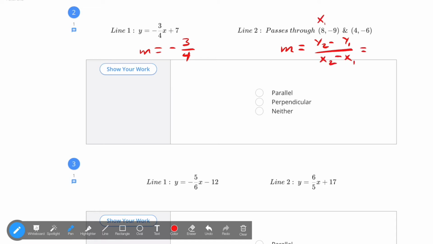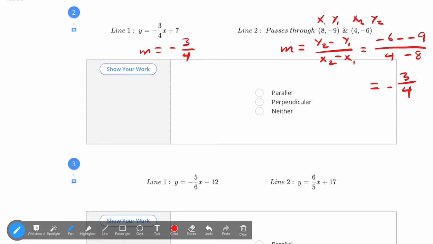So here's your x1, y1, x2, y2. y2 is negative 6 minus y1 is negative 9. That's 4 minus 8. Negative 6 plus 9, that would be 3. 4 minus 8 is a negative 4.